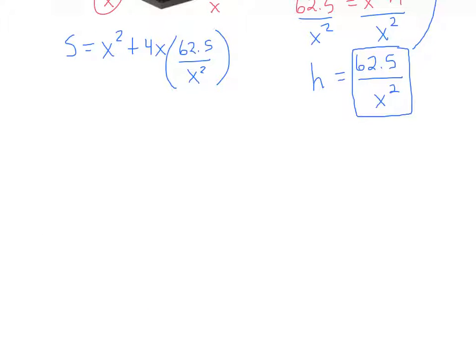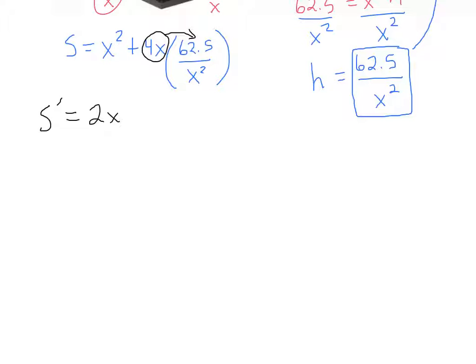All right, so now we know that this formula represents the surface area all in one variable. So I'm going to take the derivative of it. S prime equals 2x. Okay. Now what I should have done before I took the derivative was I should have multiplied this 4x on top right here.